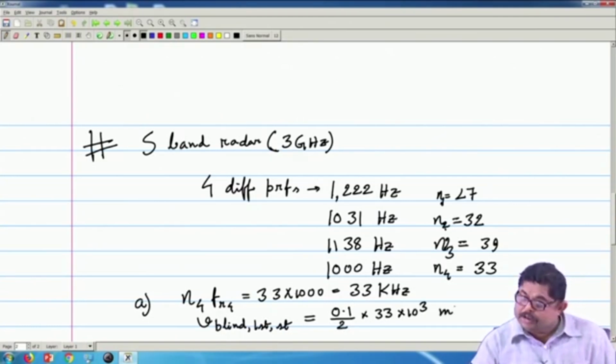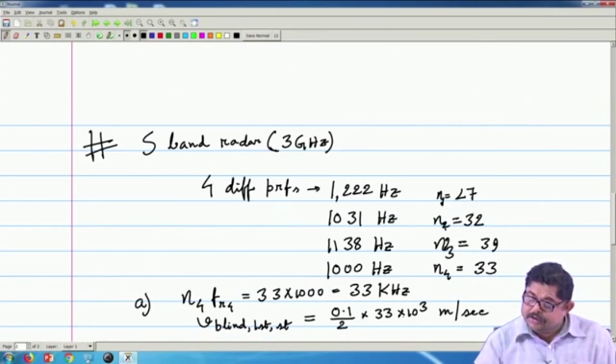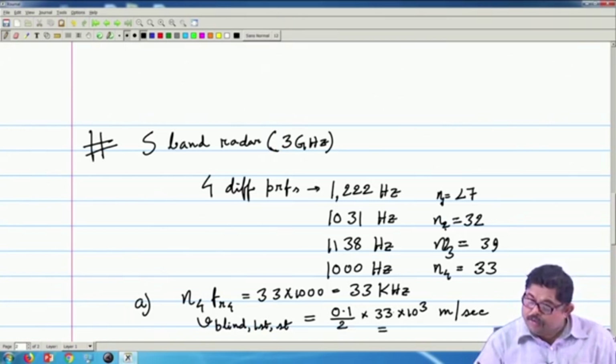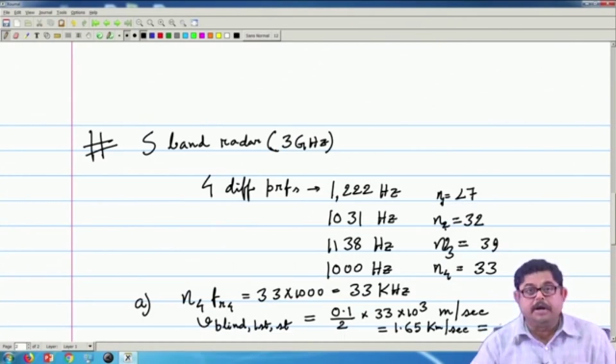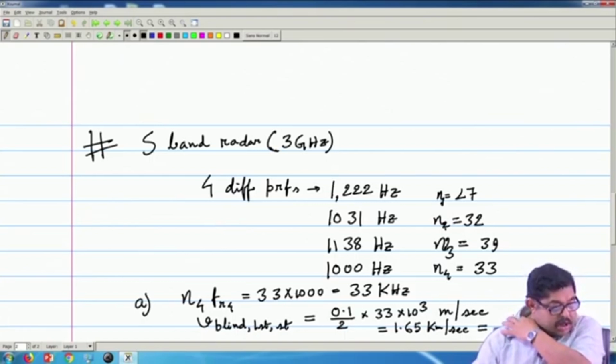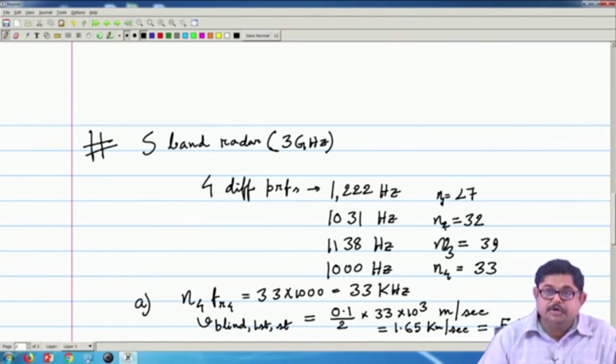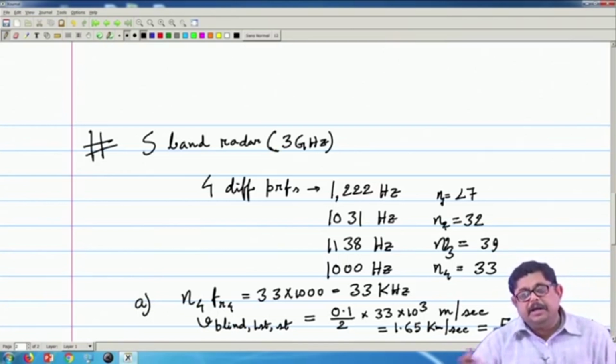So, this blind speed will come in meter per second. If you do this, this will be 1.65 kilometer per second, or if you convert it to kilometer per hour, it will be 5940 kilometer per hour. So, as I said, typically aircraft fly at 1000 etc.